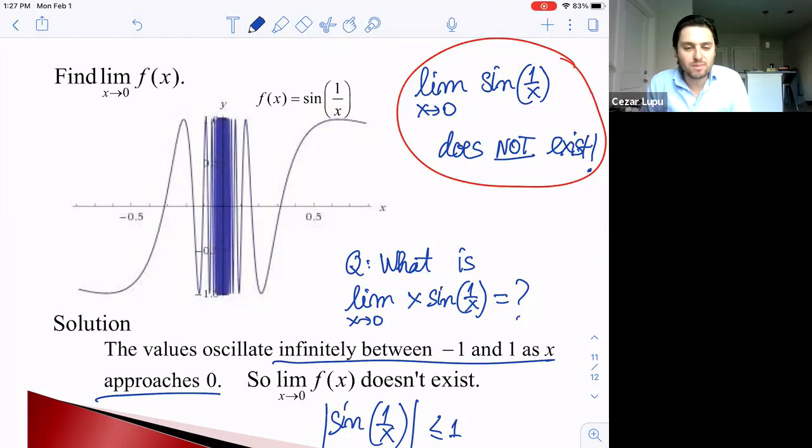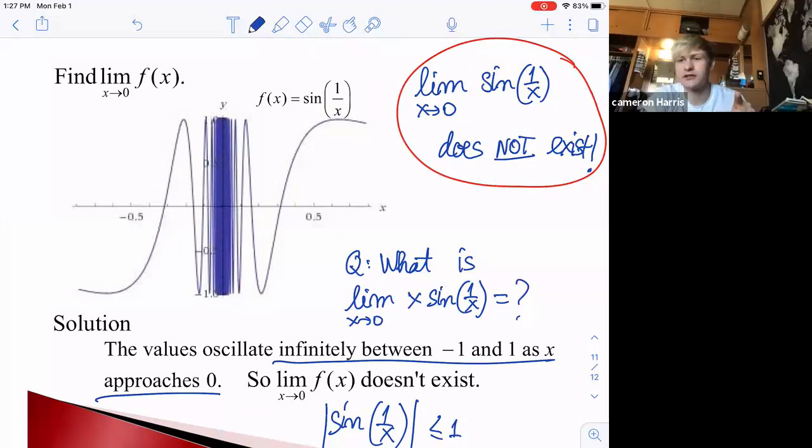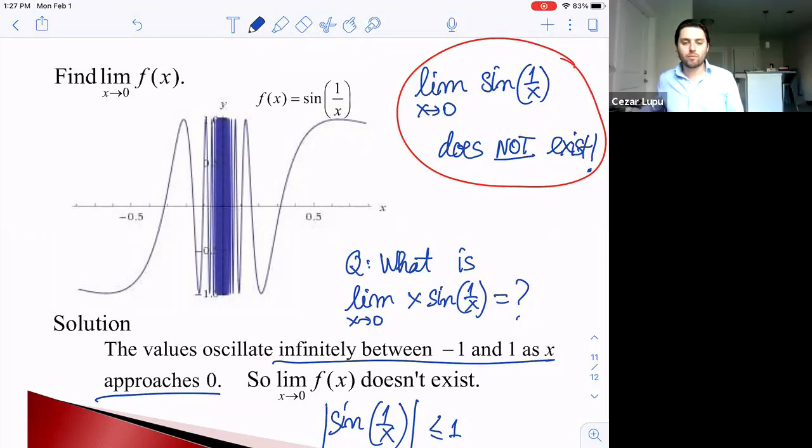But anyway, we need to employ other tools as well, which we will learn later on, maybe in future lectures. Because didn't you say that when you restrict the domain it works better that way? Well, what you mean is for trigonometric functions, right, Cameron?